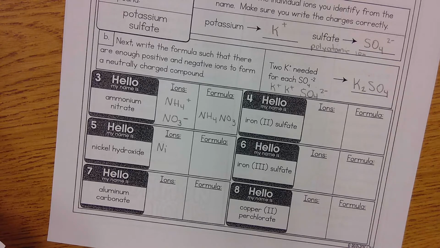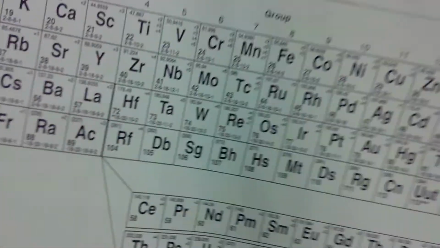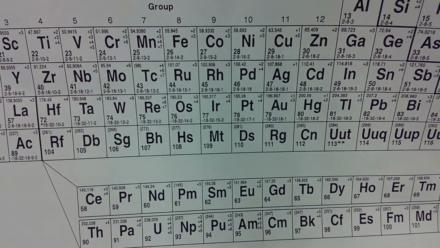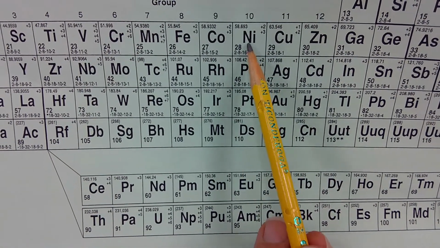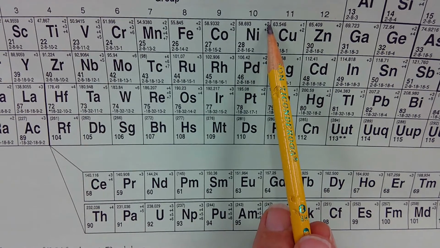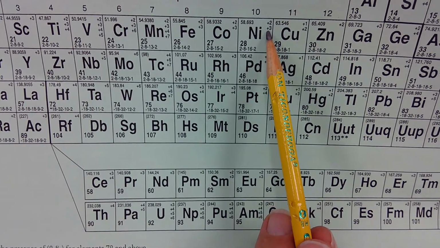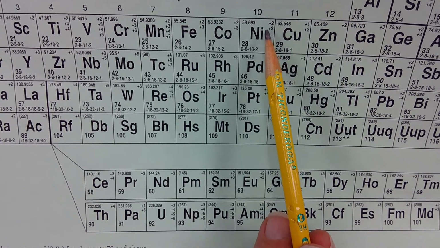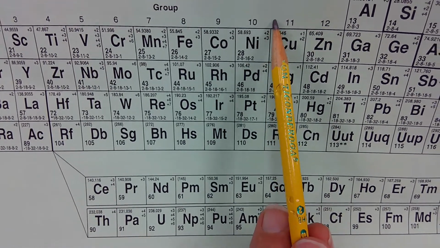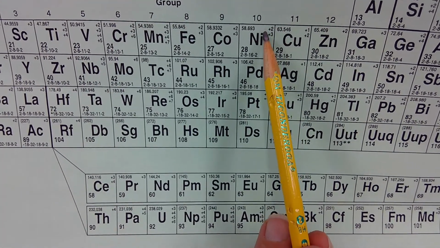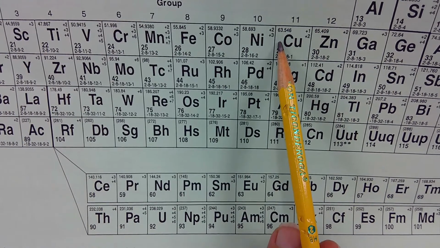That's also in this reference chart. It's a very helpful thing. Find nickel right there. It has a +2 or a +3 charge. Nickel is one of these transition metals that can have either a +2 or a +3 charge.